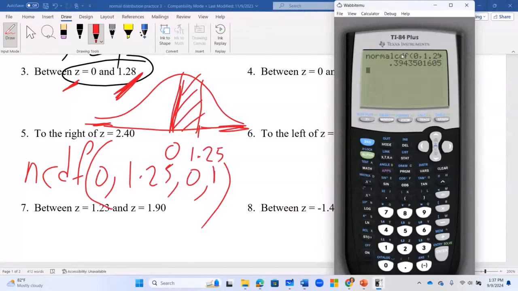It told me that the area under the normal curve, let's put it in decimal, is 0.3944. I'm rounding it to the nearest 10,000. Nearest 10,000 is the same thing as 4 decimal places.